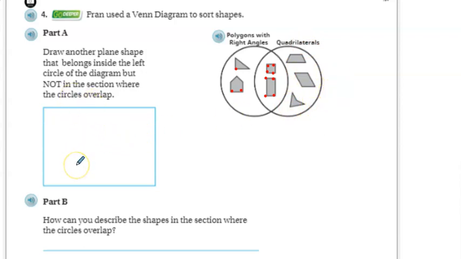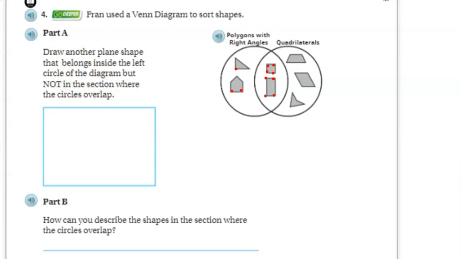So we have to draw something that cannot go in the overlap. So it cannot be a quadrilateral and it cannot have a right angle. Oh, I'm sorry. And it can't be in the overlap. So over here it can have a right angle.